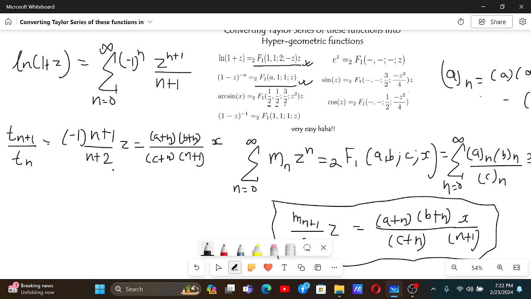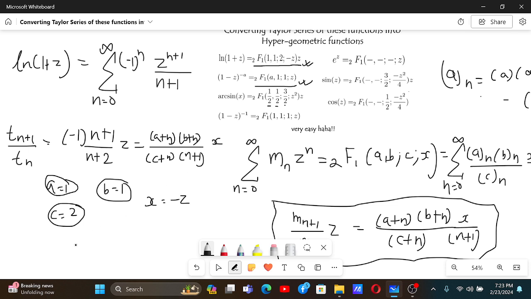So for that, what we can basically do is put a equals 1, c equals 2, and we can also put b equals 1, because if we put b equals 1, these two will cancel out, and so we have n plus 1 by n plus 2. And we can put x as minus x. If we put x equals minus x, then both of them will be the same.